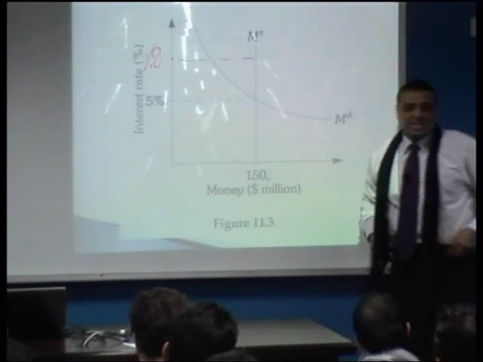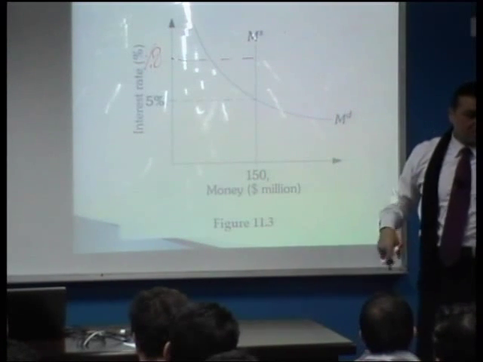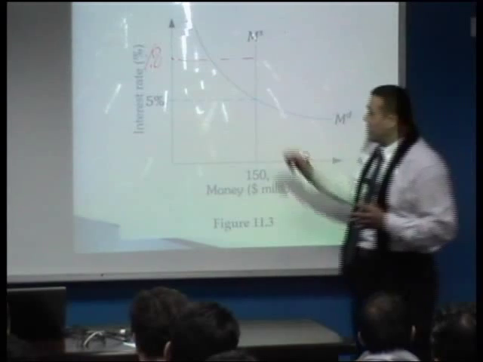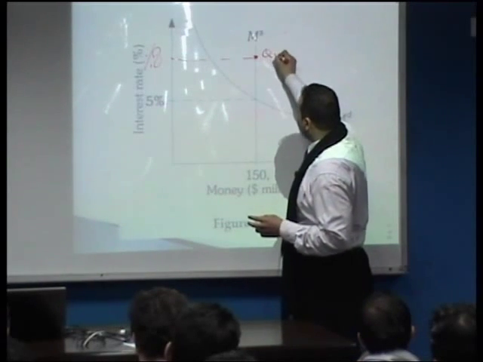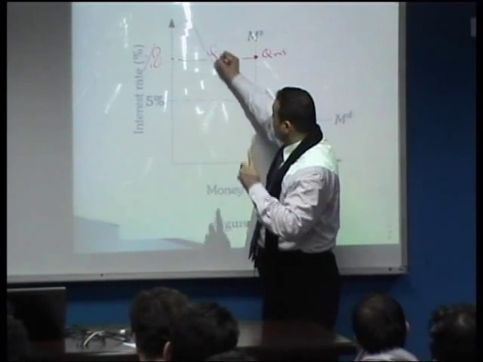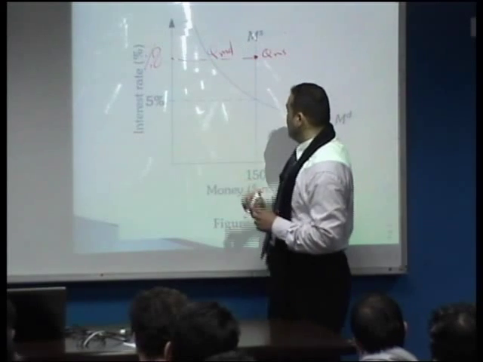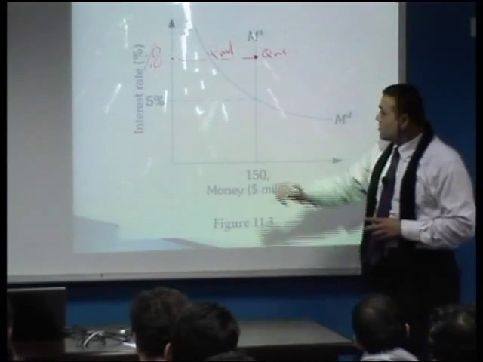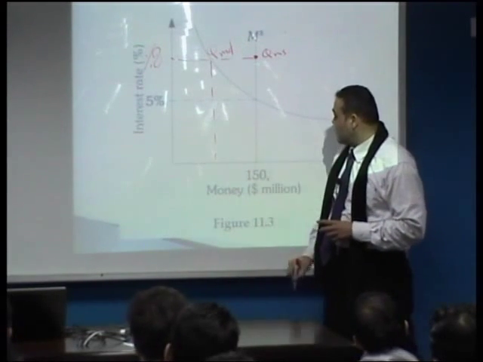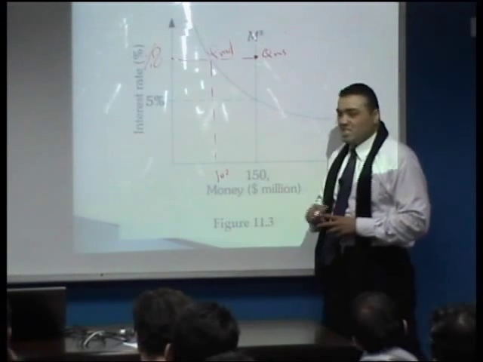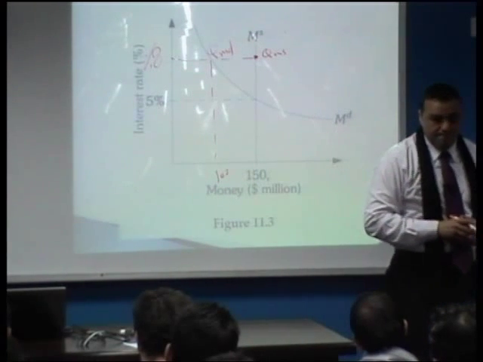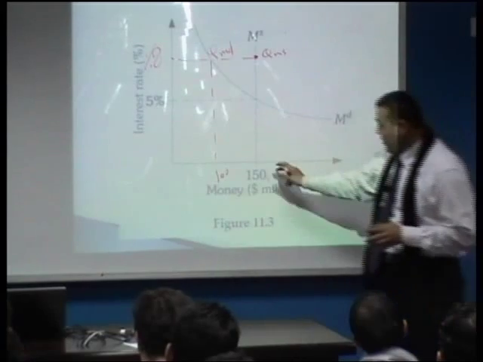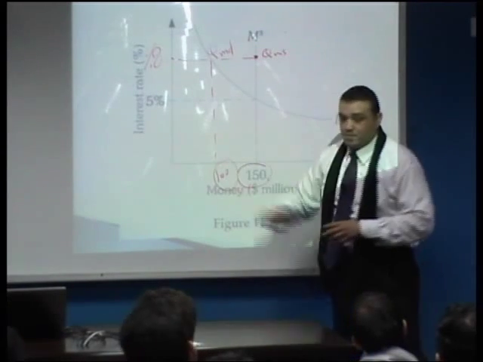Do we have an excess supply of money or a shortage? Excess supply of money, because the quantity of money supplied is greater than the quantity of money demanded. Suppose the quantity of money demanded was 100. How much is the excess supply of money? Exactly 50, which is 150 minus 100.